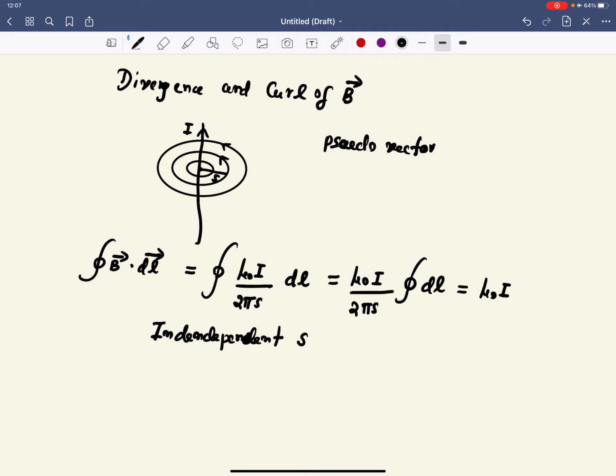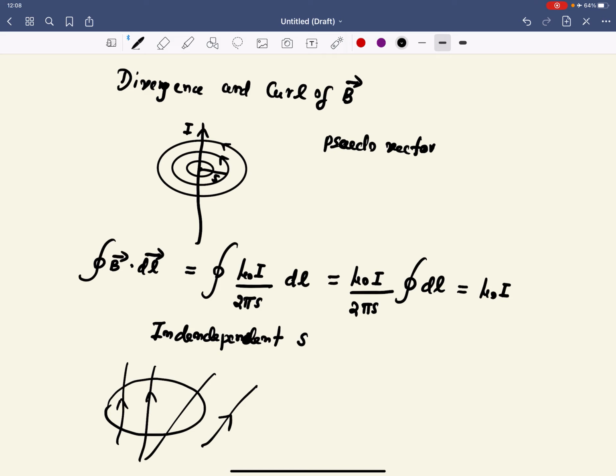So now, here we have just talked about one kind of wire, one current carrying wire. Now imagine that the whole closed loop has several of these current carrying wires. Suppose I take this closed loop and I have several current carrying wires, even some can be outside of this closed loop.